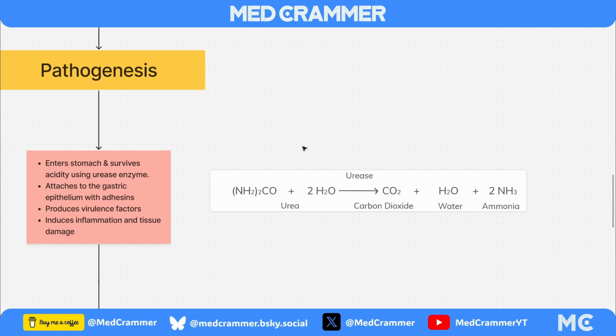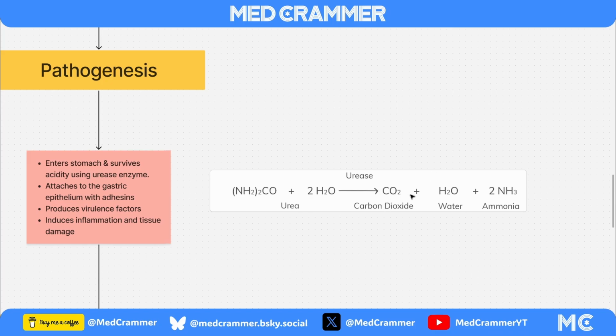As you can see in the reaction here, urease helps convert urea that is present in the cells, plus water, in the presence of urease, which is the enzyme, to carbon dioxide, water, and ammonia.